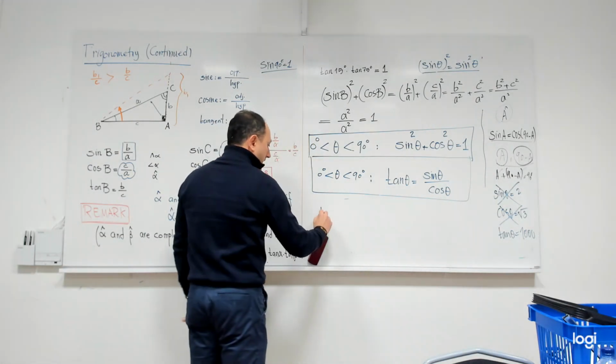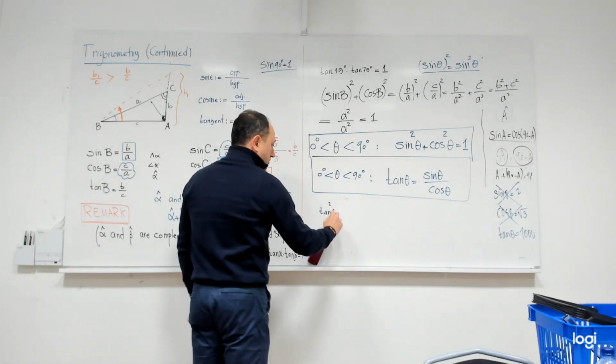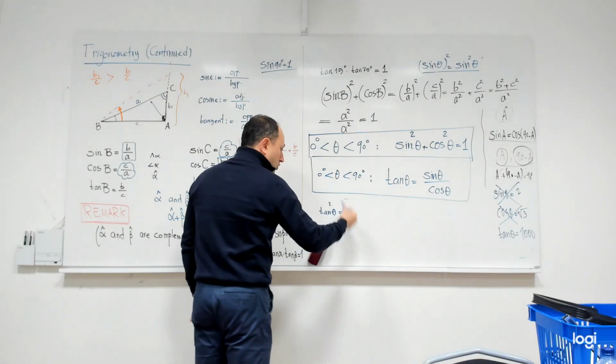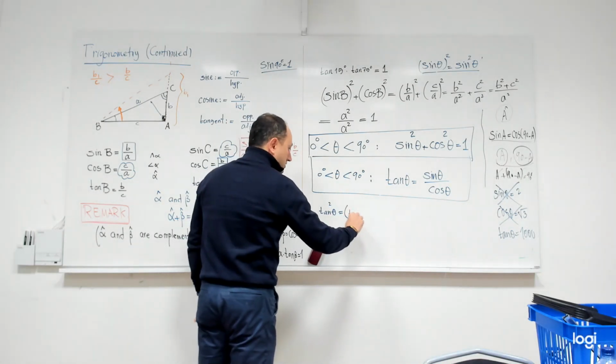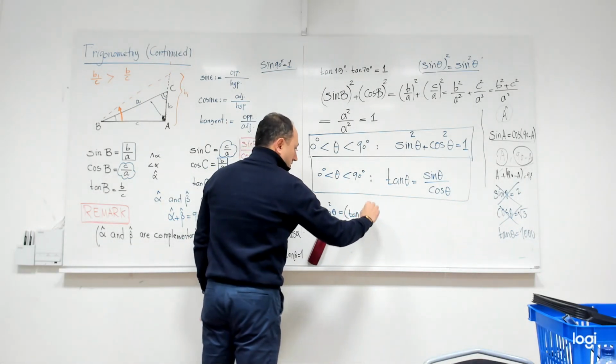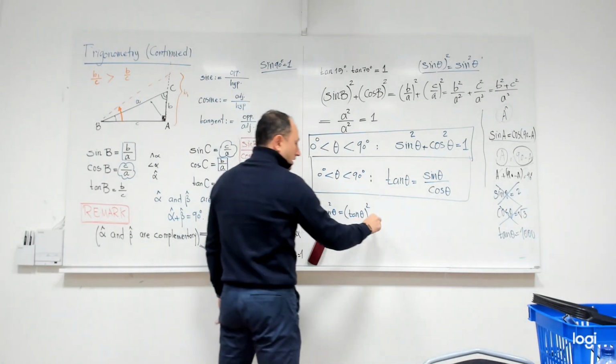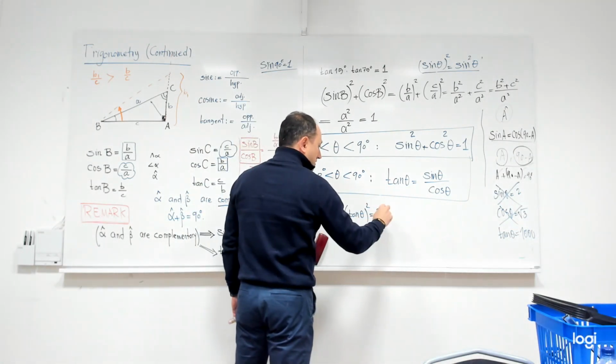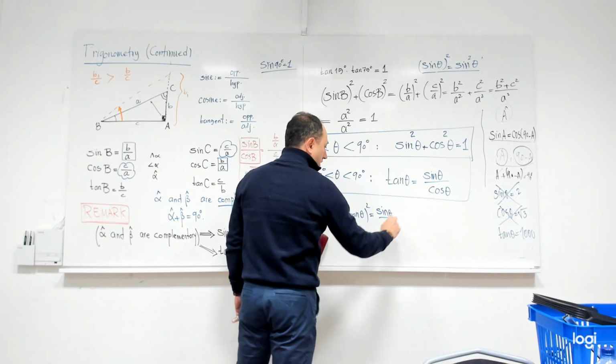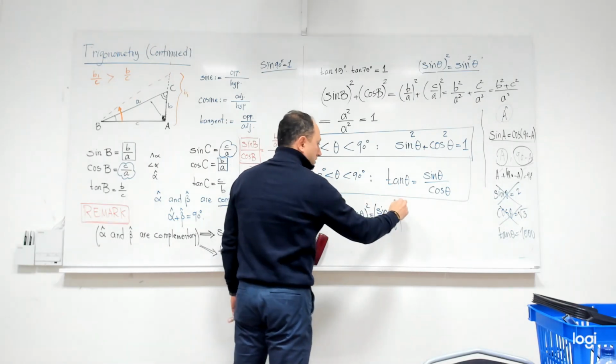I can say tangent to the power of 2 theta is a short way of writing this. But what is tangent theta? It is sine theta divided by cosine theta. And then I want to raise it to power 2.